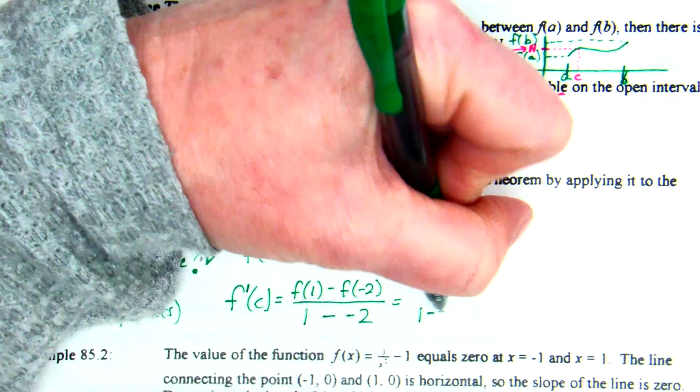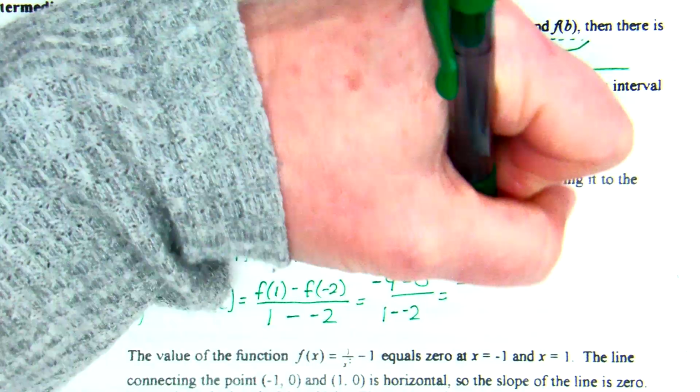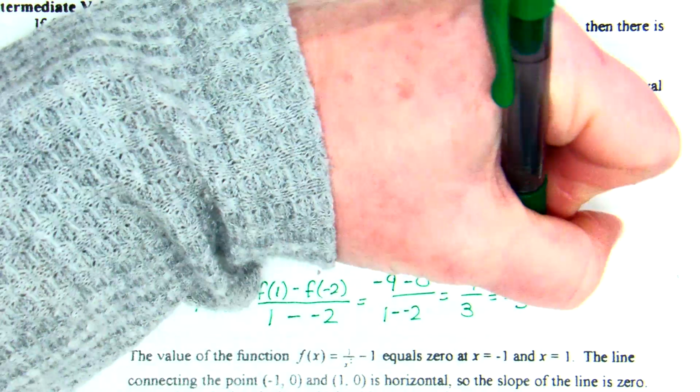What do I end up with here? -9 over 3, which does end up to be -3.